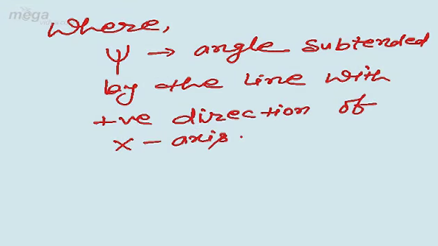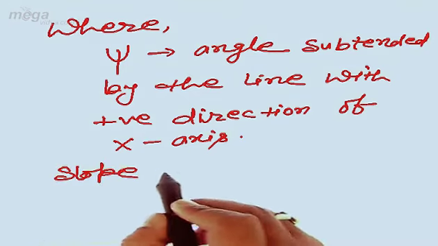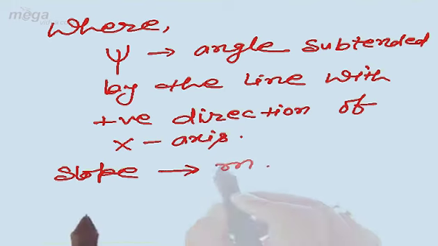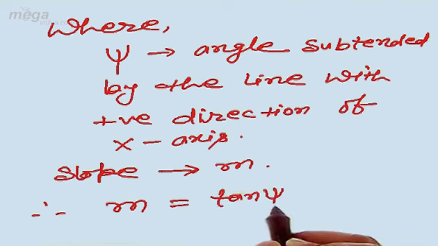And student, the slope is denoted by m. Slope of a line is always represented by m. Therefore you can write here m is equal to tan psi.